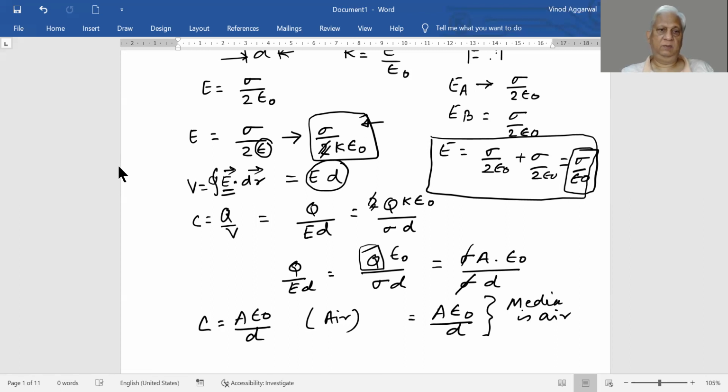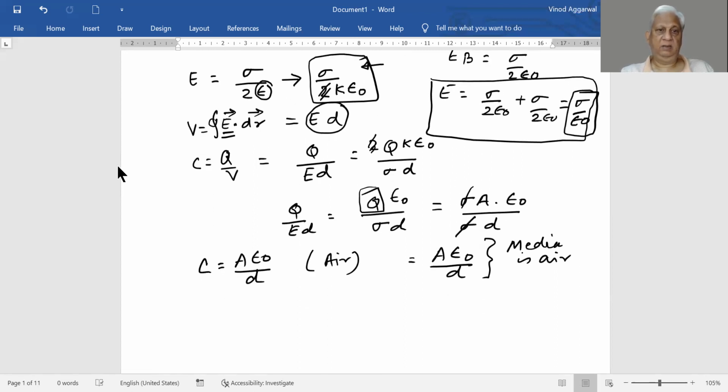If we have any dielectric media other than air, then this changes, because then sigma will change. Let me write it again.